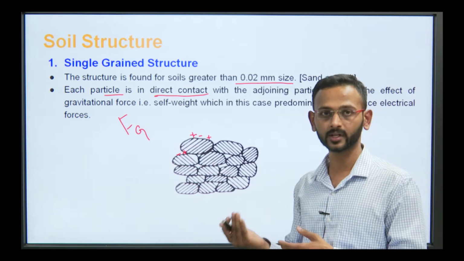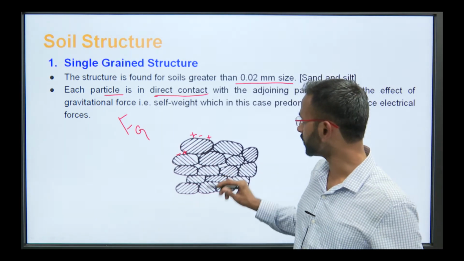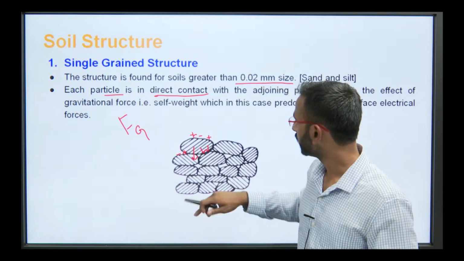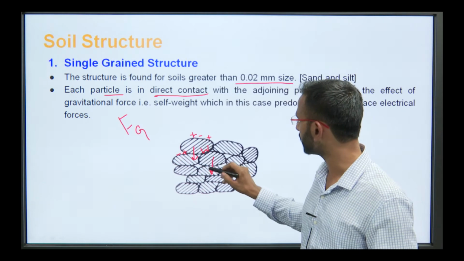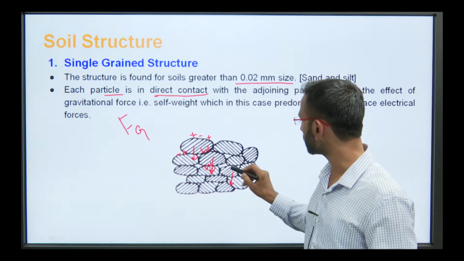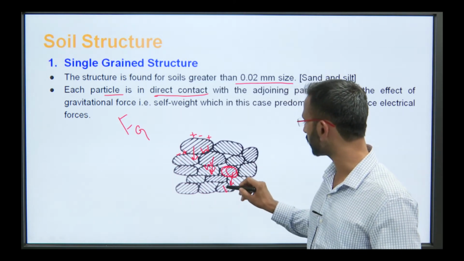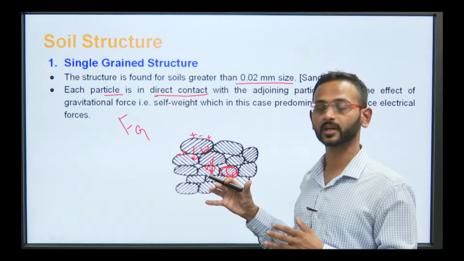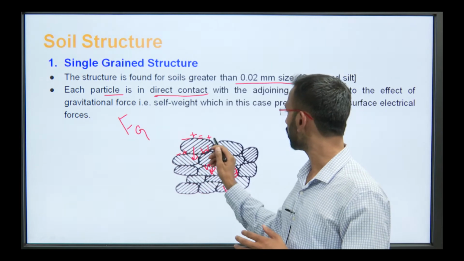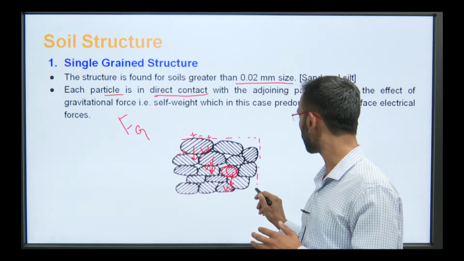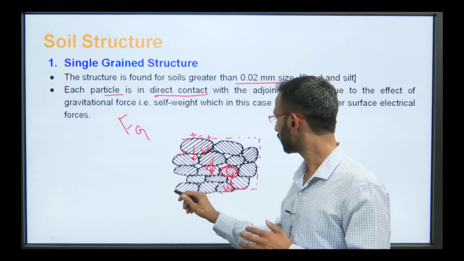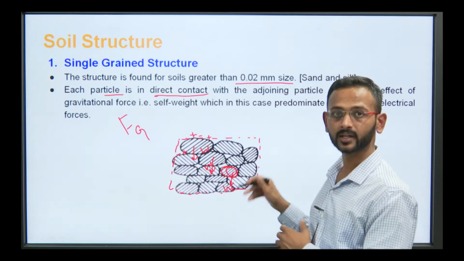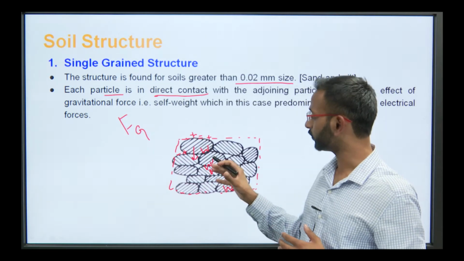See here, this one will put its weight here, then this will also be putting some weight here, and this one will also be putting some weight here. So this single grained structure is packed in this entire volume by the effect of their own weight.